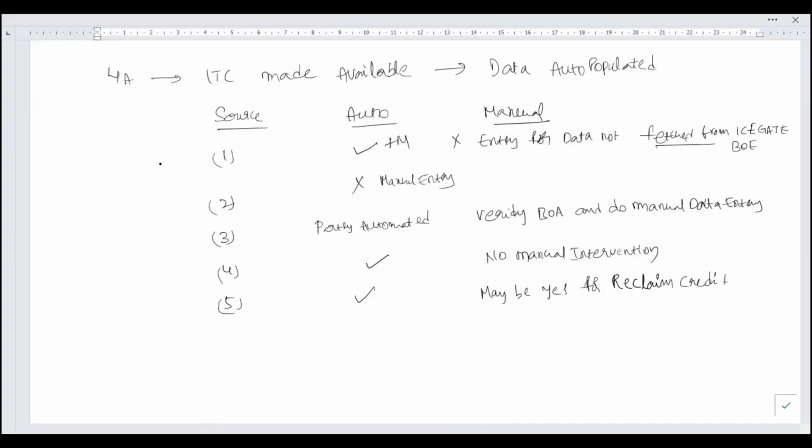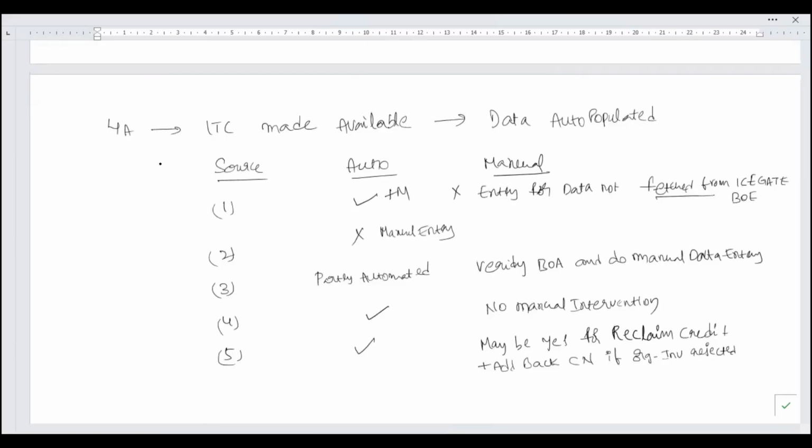Also, add back credit note if the original invoice was rejected. Suppose I have rejected an invoice, and subsequently a credit note came. I can add back that particular credit, either reject or add back. So anything can be done with respect to 4A5.